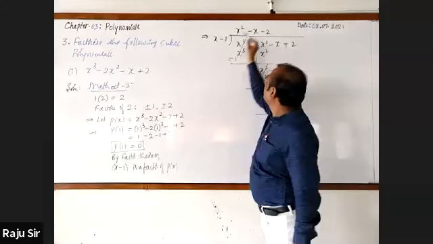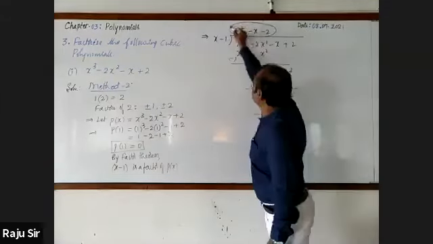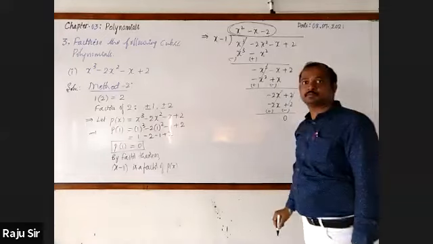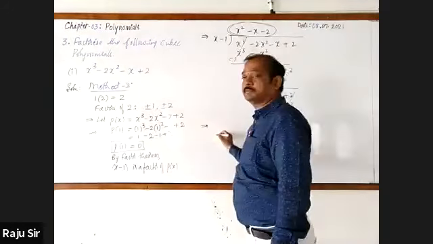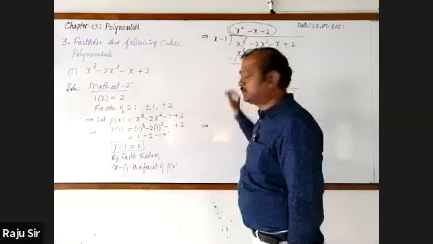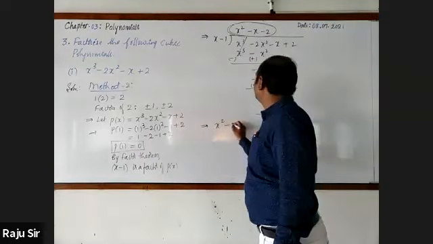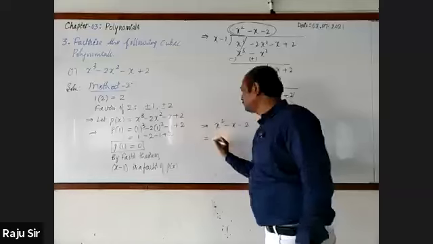So the divisor is one of the factors. The other two factors come from this quotient. The quotient is x square minus x minus 2.